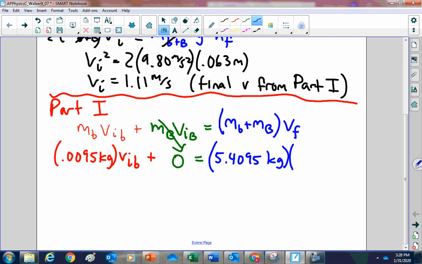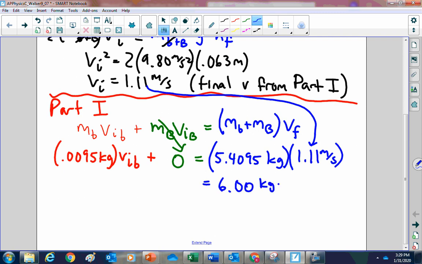And then I'm taking that velocity that I just found, and then I can solve for vi. When I do that, on the right-hand side I basically get 6.00.